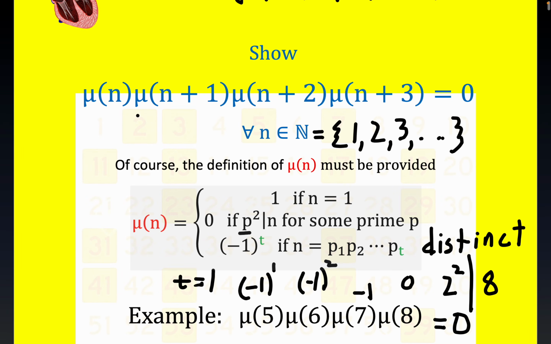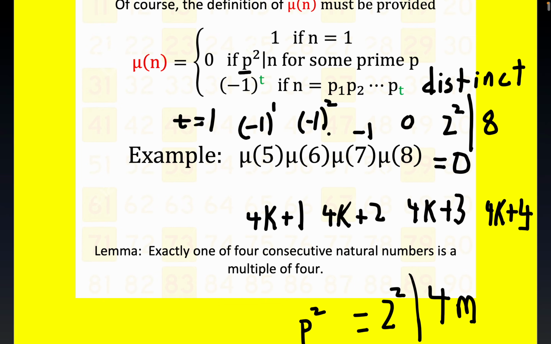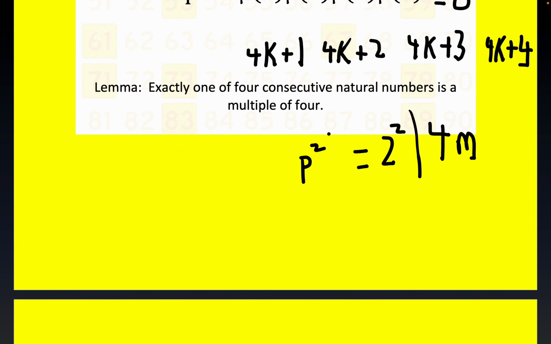In other words, one of these has to be divisible by 4. One of them, the first one, the second one, the third one, or the fourth one. And it doesn't make any difference that the others are equal to 1 or negative 1. All you need is 0 as a factor here, and you're done. Okay, so perhaps I should say just a bit more.